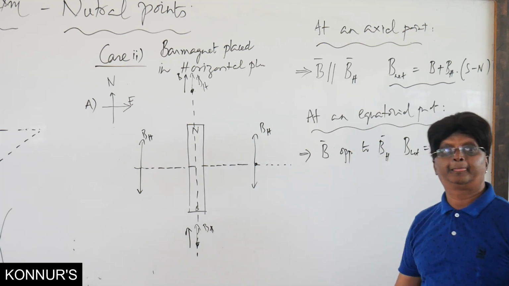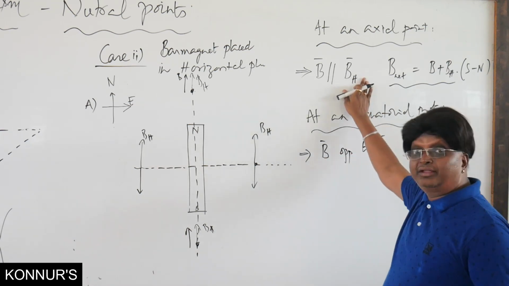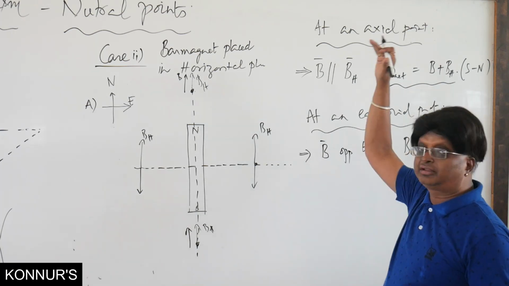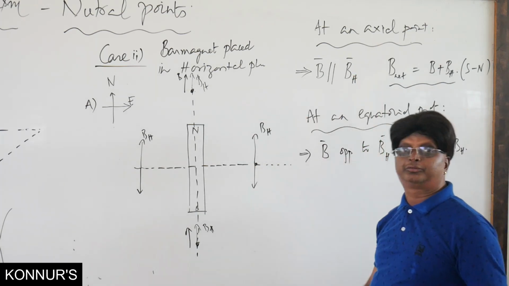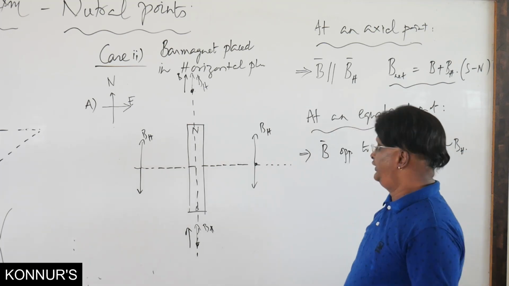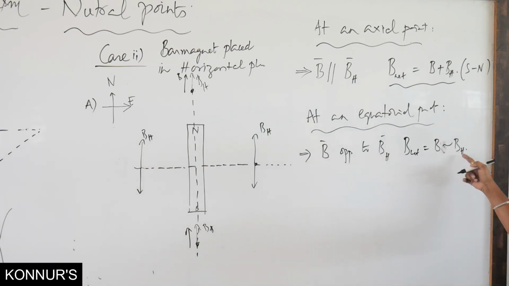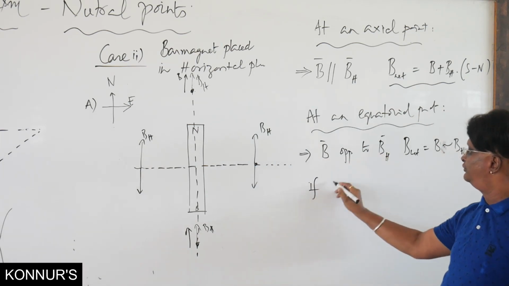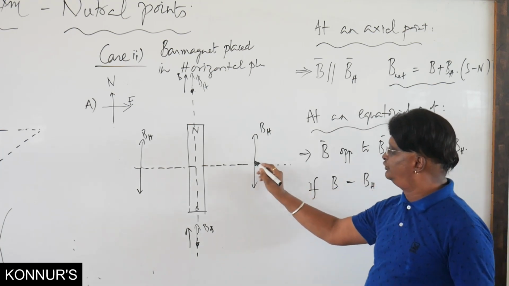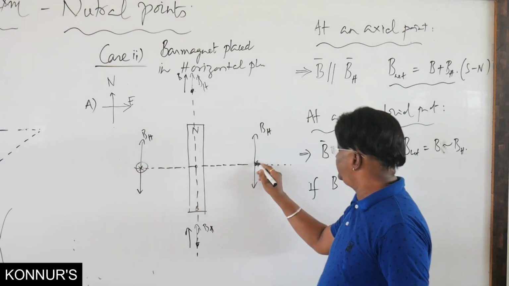So at any axial point it is always B plus BH, from geographic south to north, but at an equatorial point we get two or three cases. Supposing B bar and BH bar are anti-parallel, therefore it is B minus BH, and in the case where B due to the magnet is equal to BH, I have shown two equidistant points here.